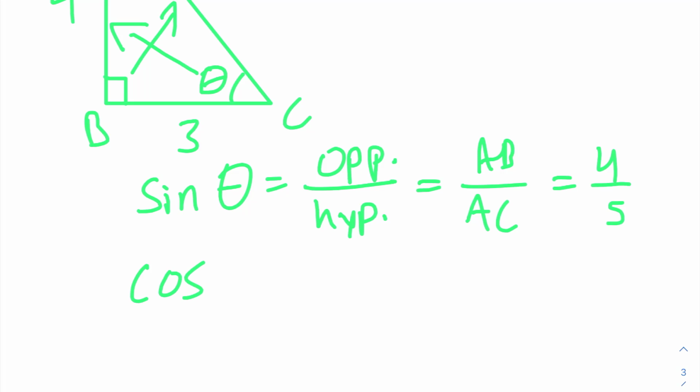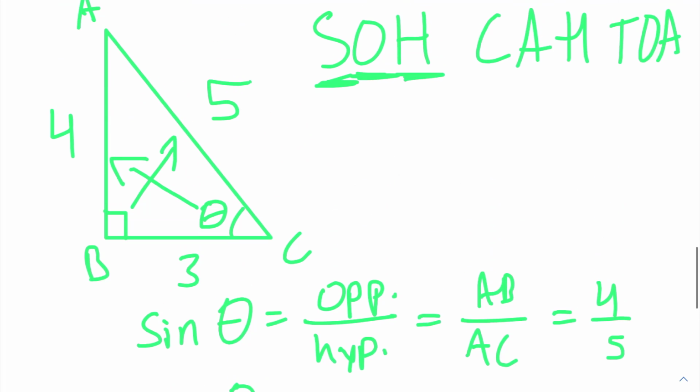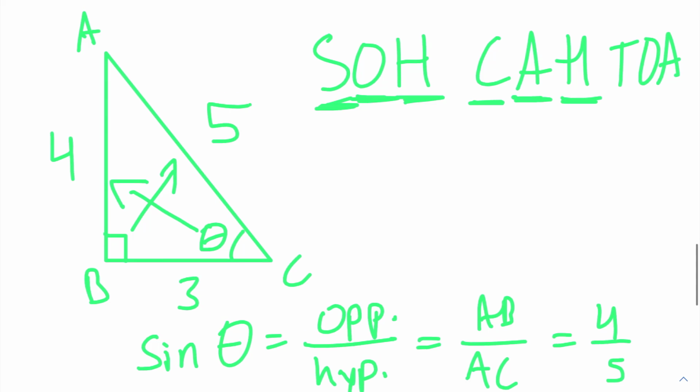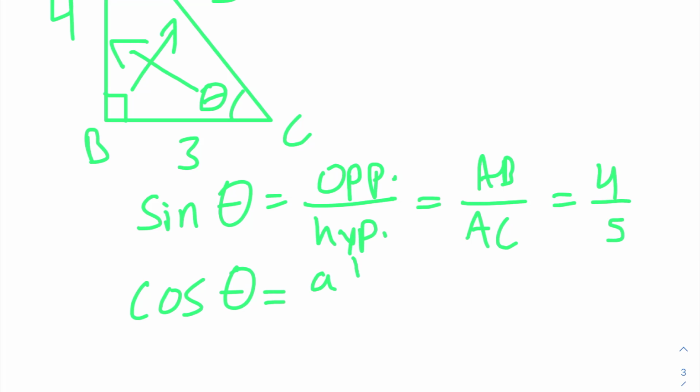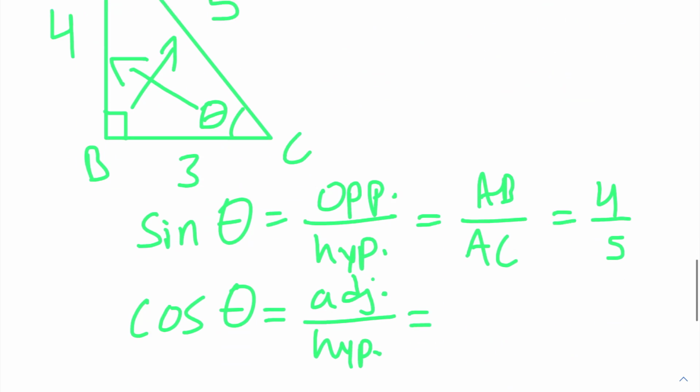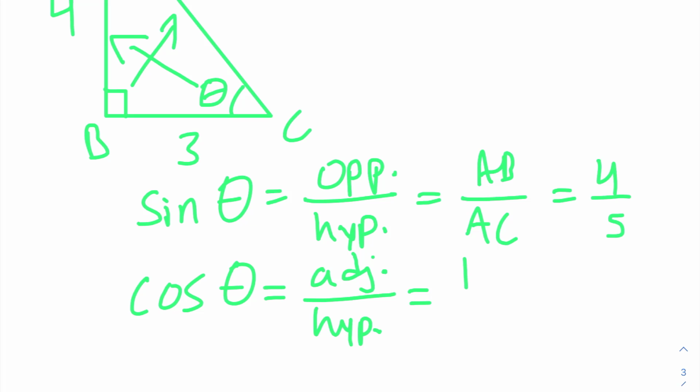Now cosine theta is equal to the adjacent over the hypotenuse. In this case, the adjacent is BC and the hypotenuse is AC. So we have BC over AC, which is equal to 3 over 5, because the hypotenuse has length 5 and BC has length 3.